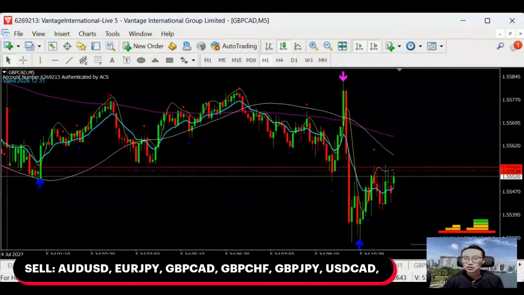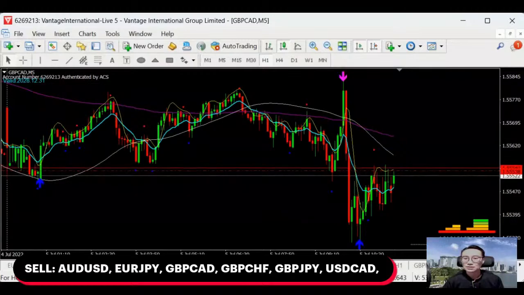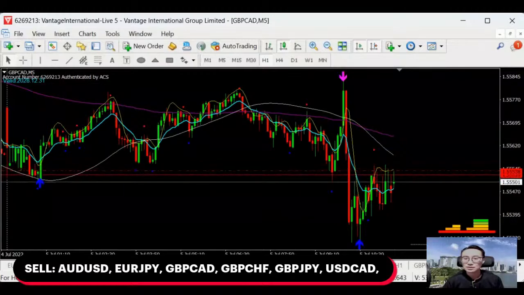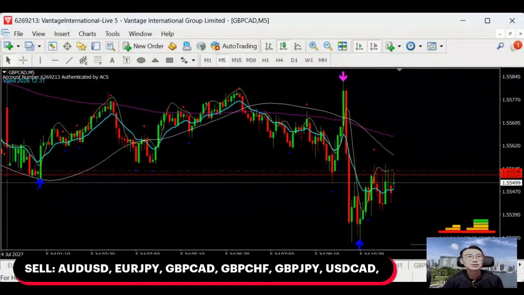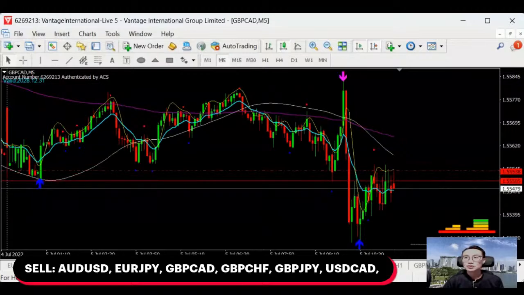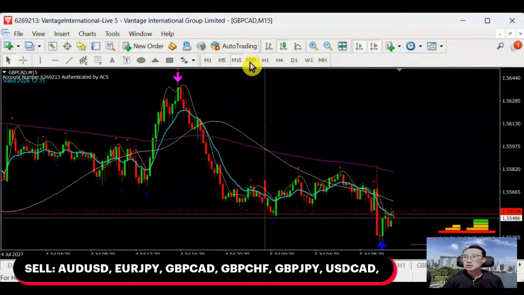Was it Western talking about this Poundcat? Let me check. Oh yeah, Western, Poundcat. Just hang on, Poundcat is also good. Let's check through.